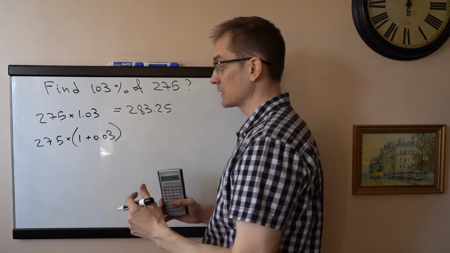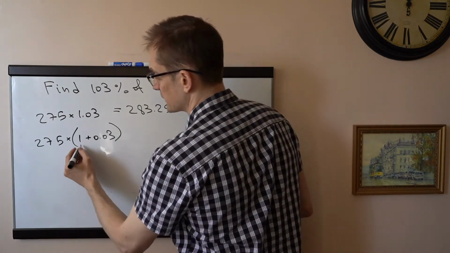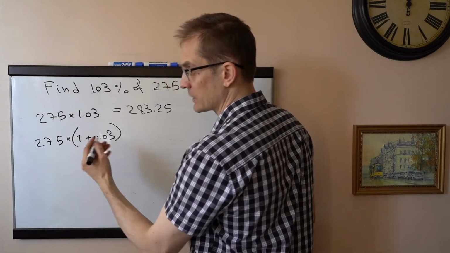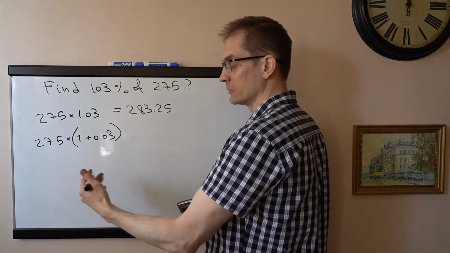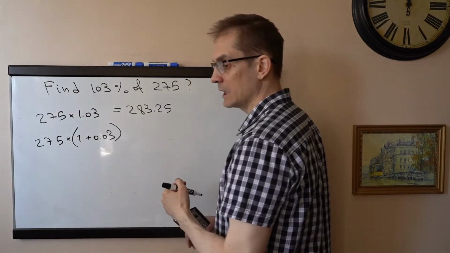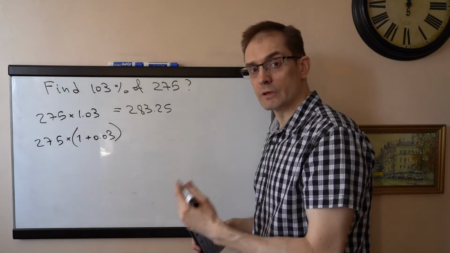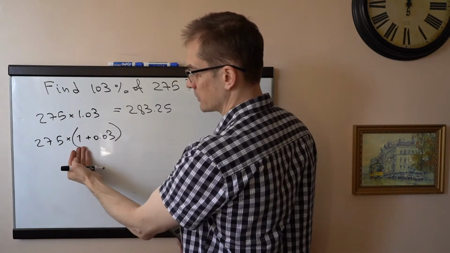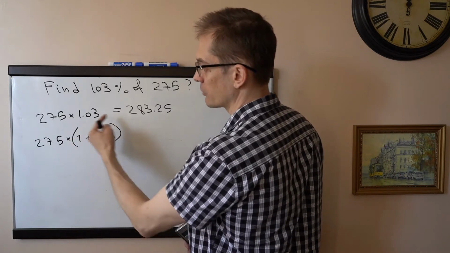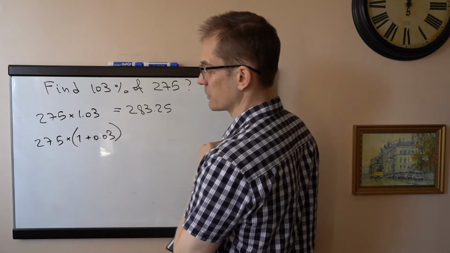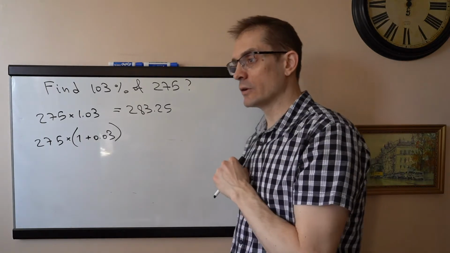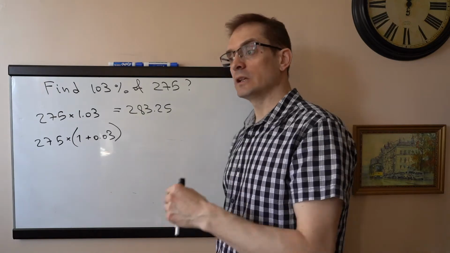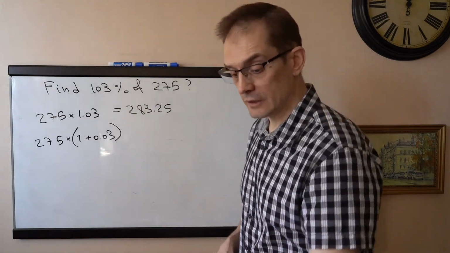But what this represents is that 1 stands for 100%. 1 is the rate per one which corresponds to 100%, and 0.03 is the rate per one which corresponds to 3%, right? So 103% then is 100% and 3%, but written in the rate per one, it's 1 plus 0.03. Even though it looks like a very obvious thing that I'm talking about right now, trust me, in future, you will see this a lot.